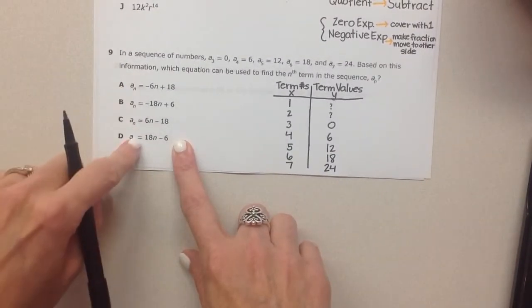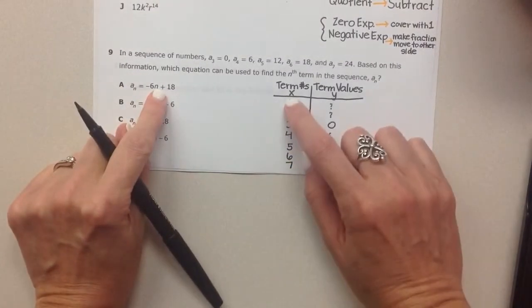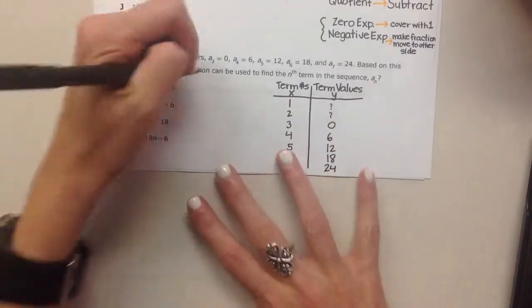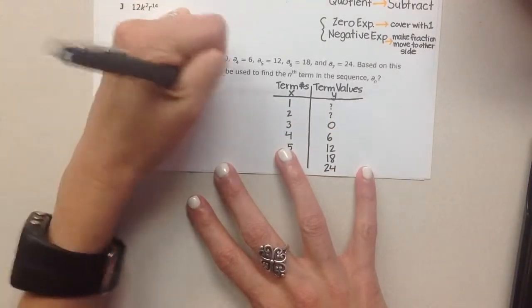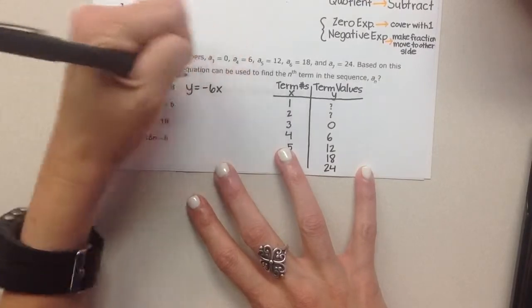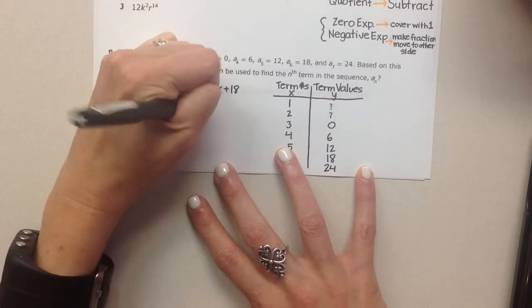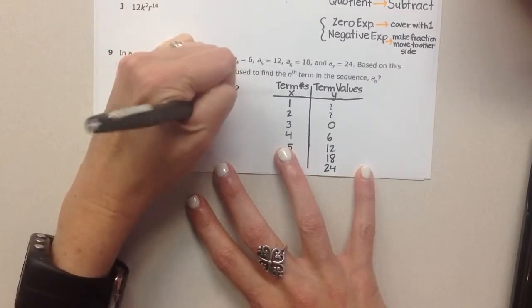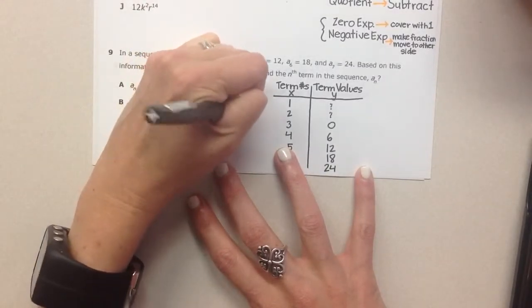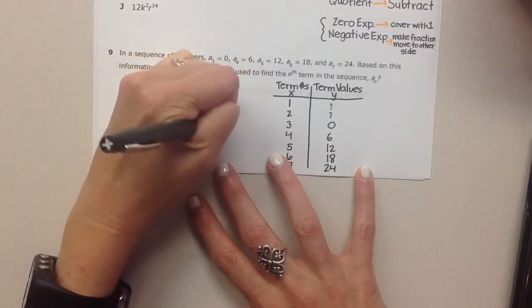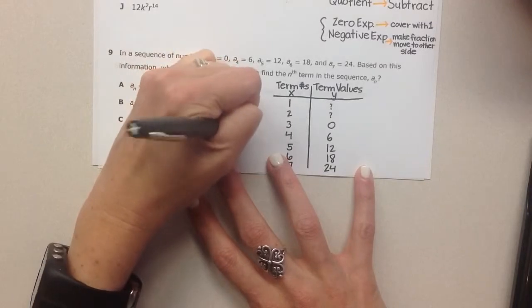Well, these are the rules, guys. So remember, if n is going to change to x, so this is really y equals negative 6x plus 18. And this one is y equals negative 18x plus 6. And this is y equals 6n minus 18.